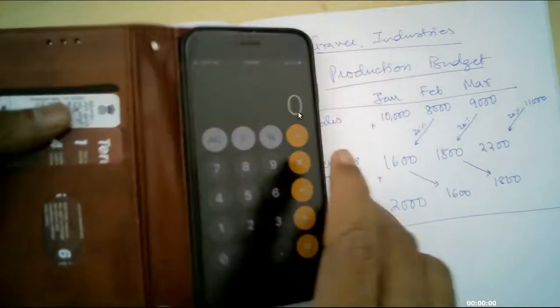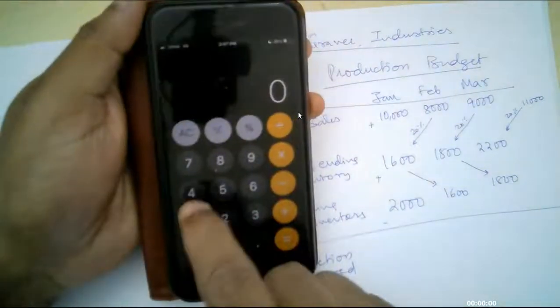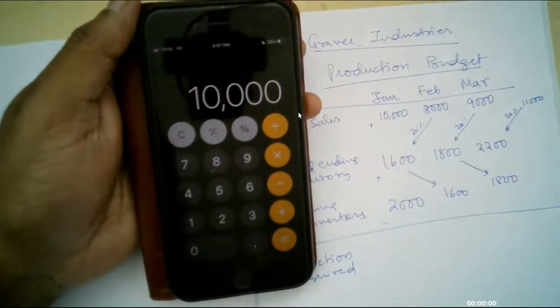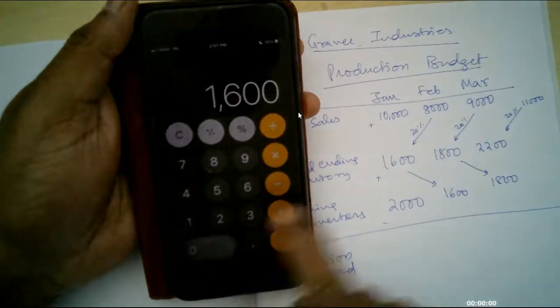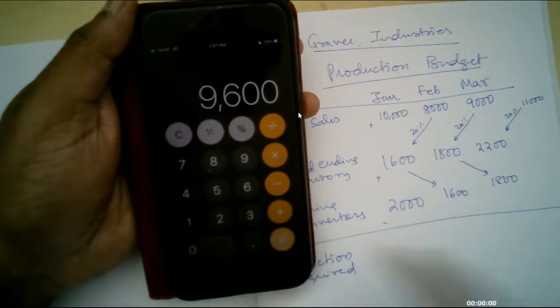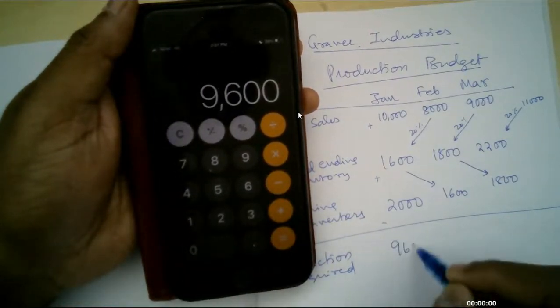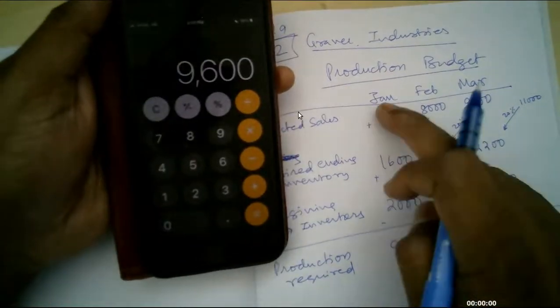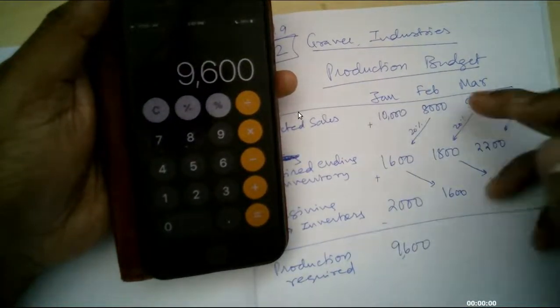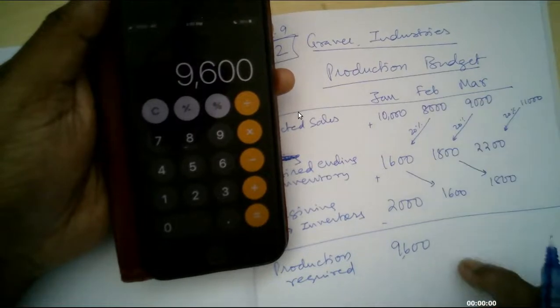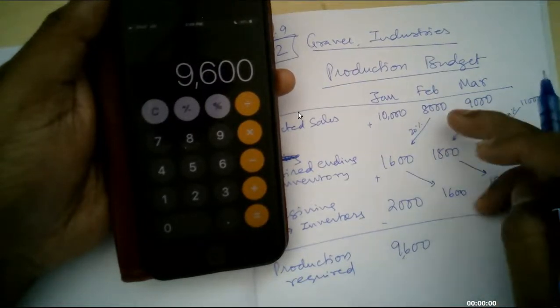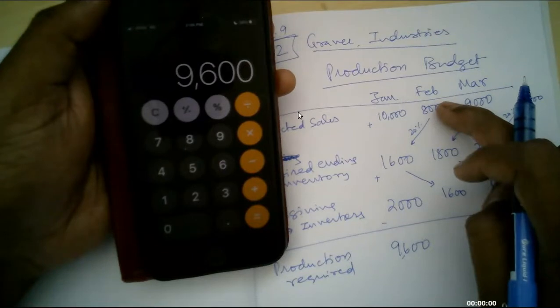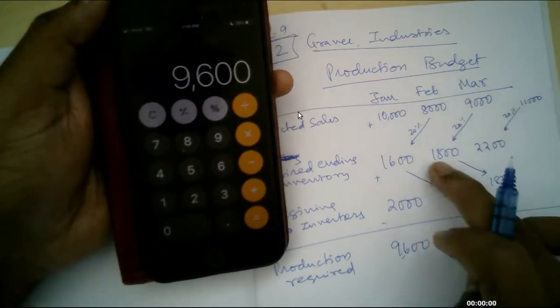Okay, so let me do that calculation here. 10,000 plus 1,600 minus 2,000, 9,600. So this should be the production in the month of January. Next, how much production is needed in the month of February? You need to sell 8,000 units, so you have to produce that, and you need to maintain a 1,800 balance.